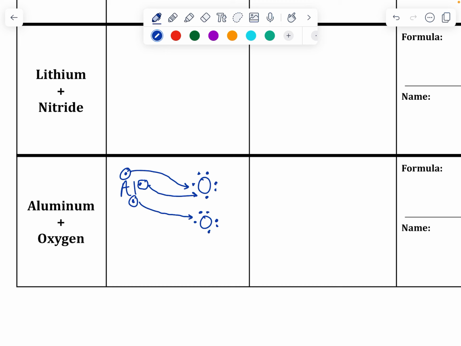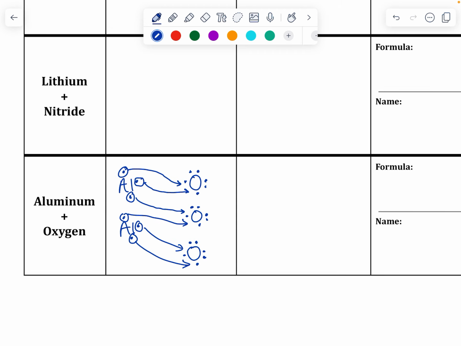Well, now the aluminum's good, and now the oxygen's not, so now I need to add another aluminum. That's going to bring another 3 valence electrons with it, right? Now that oxygen's good, and so on and so forth. So just making sure that everything is gaining and losing what it needs.